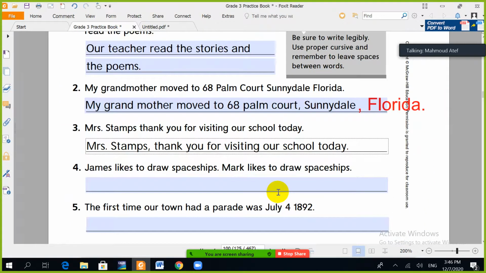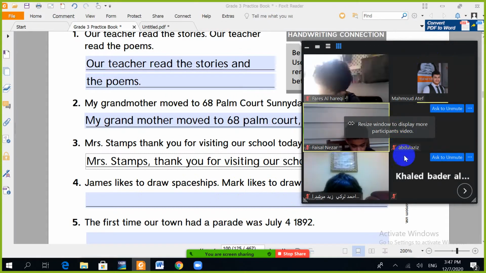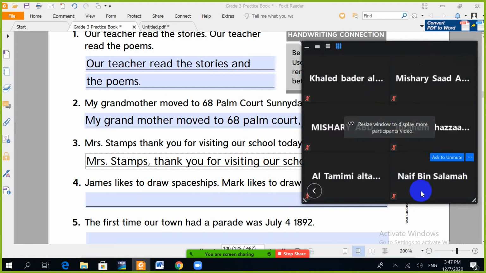Next one, number 4. James likes to draw spaceships. Mark likes to draw spaceships. Okay, I'm going to choose one to help me answer that.